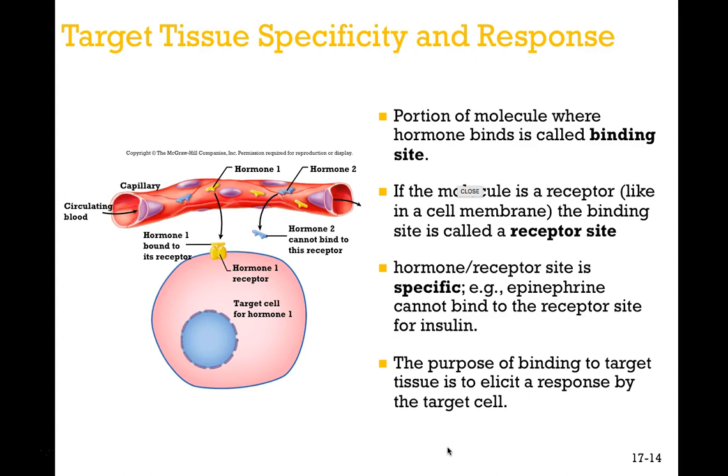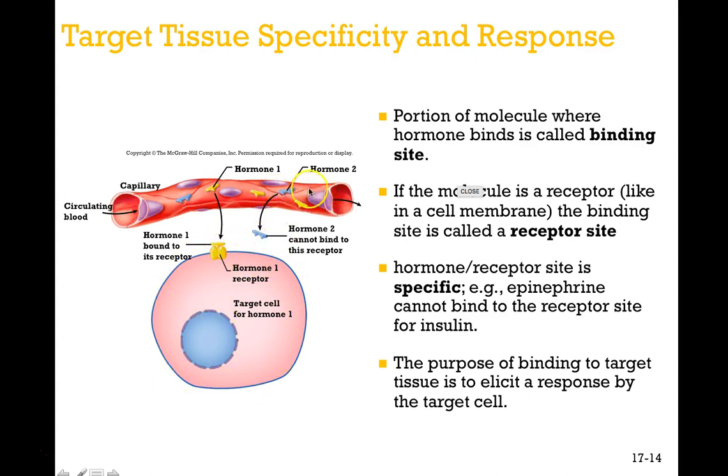So let's talk about target tissue specificity and the response. The portion of our molecule where the hormone is going to bind is called the binding site. In this image, we can see that our hormones are circulating, and hormone number 1 has a specific receptor on its target cell for hormone 1.